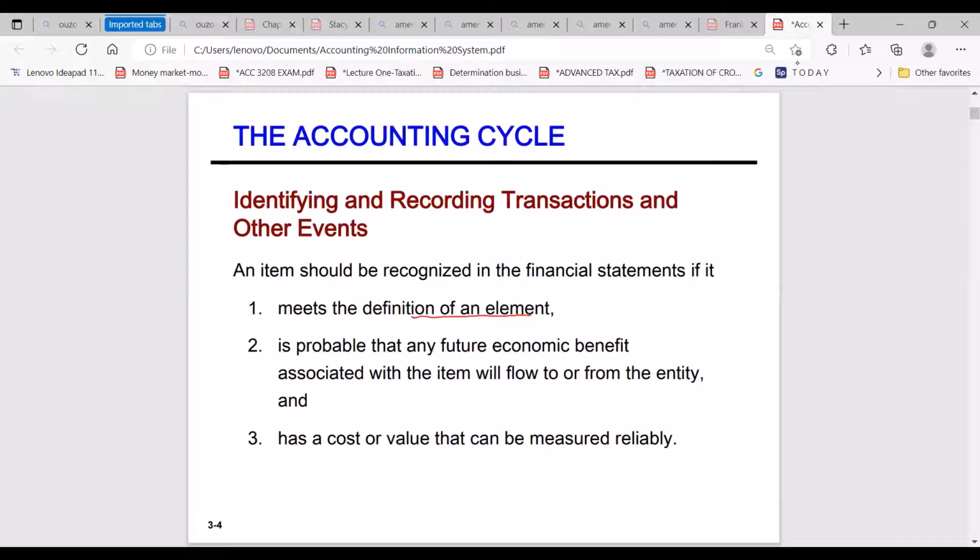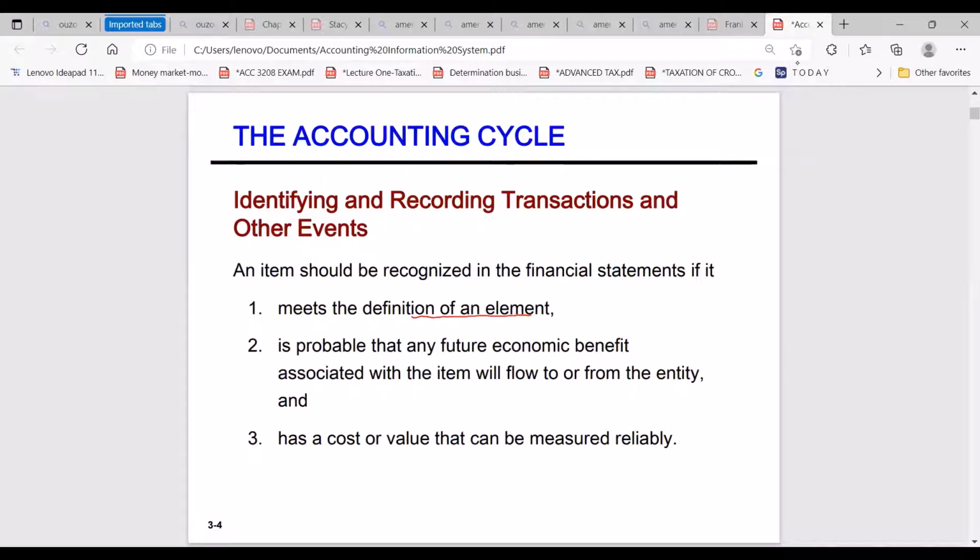Referring to the conceptual framework, there are 5 elements of financial statements, which include the assets, the liabilities, the expenses, the income, and the equity or capital. So any item which qualifies as any of the 5 is recorded in the books of accounts.